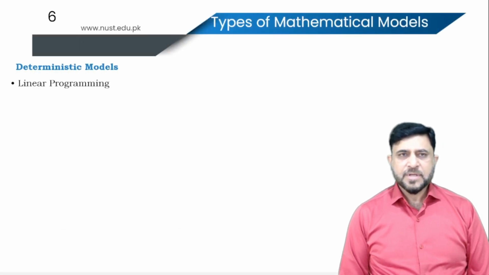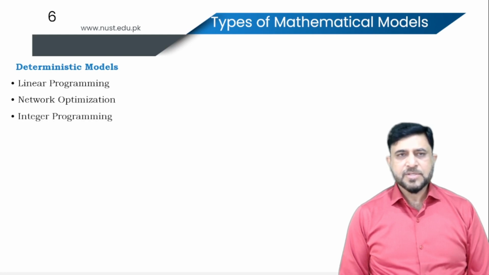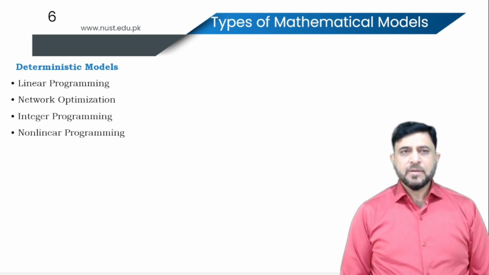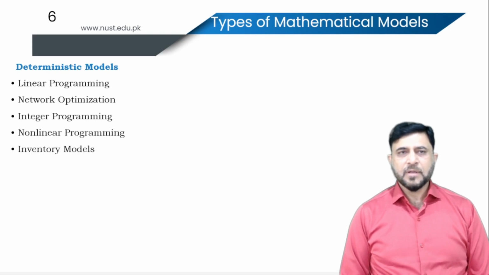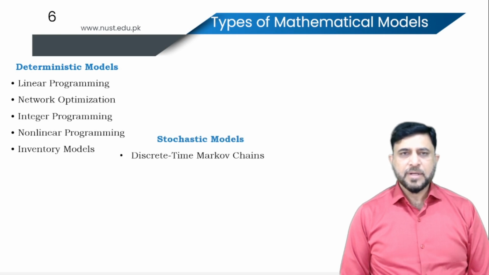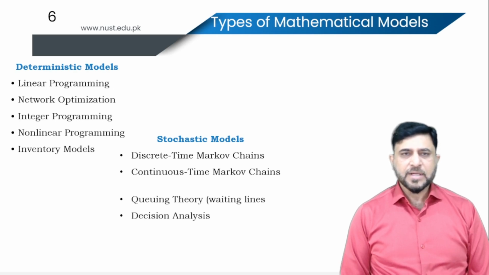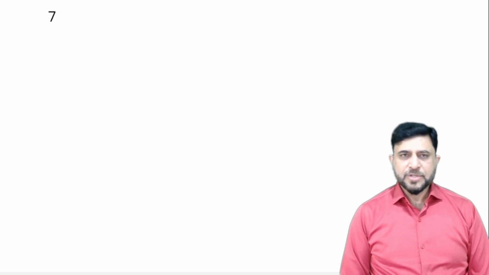The deterministic models are linear programming, network optimization, integer programming, nonlinear programming, inventory models. And what are the stochastic models? They may be discrete time Markov chains, continuous time Markov chains, queuing theory, waiting lines, decision analysis, and game theory. These are the examples. There are many more. And simulation also.